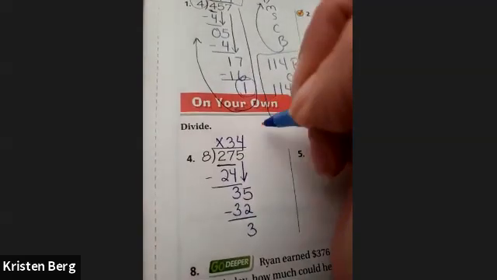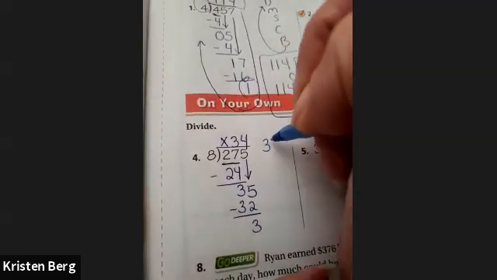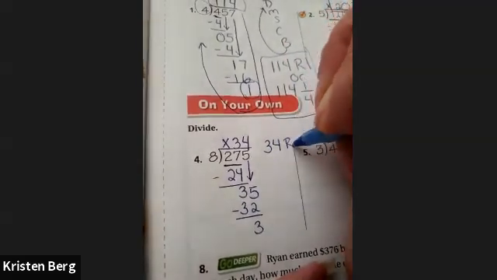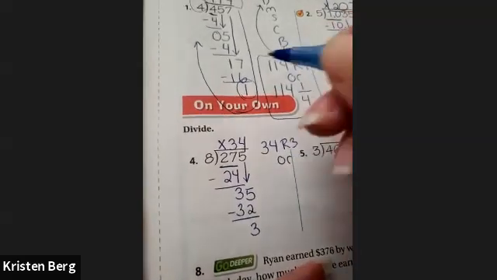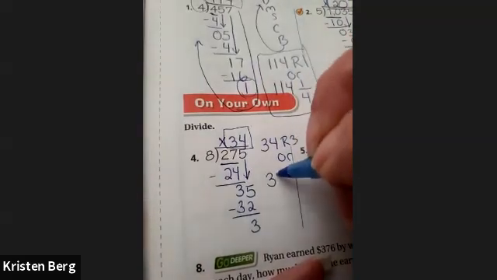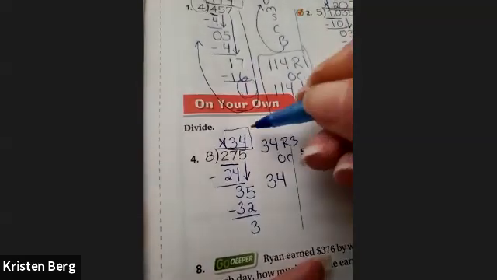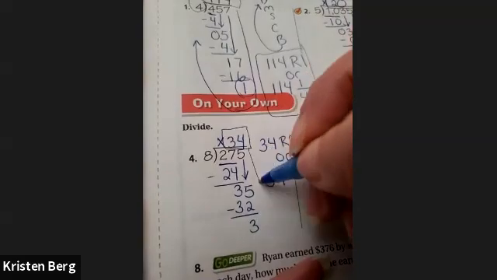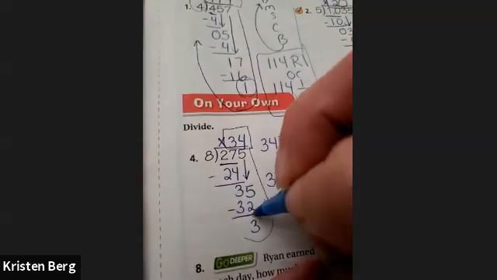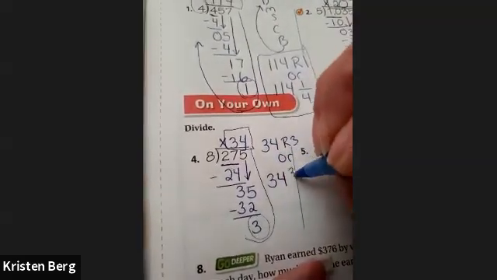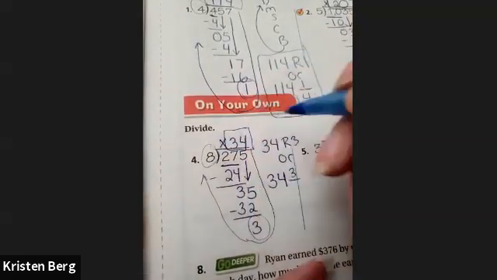So your 2 answers to this would have been either 34 remainder 3, or, for those of you who are trying the fraction way, which you will be using all the time once we get to that point, 34 and it would be 3 over what the divisor is. In this case, it's going to be an 8.